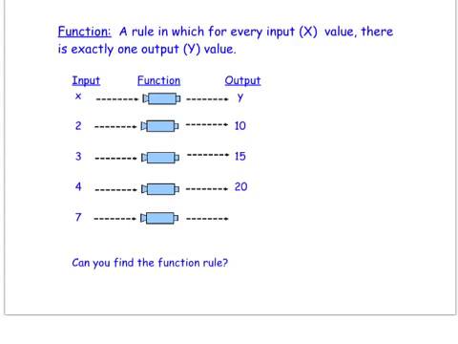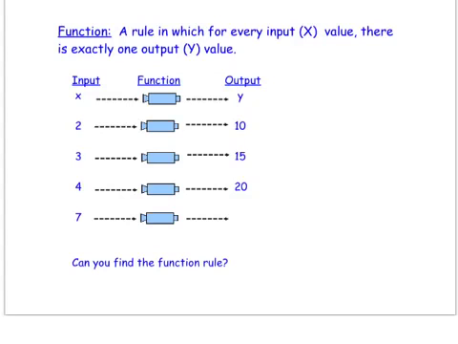So what that basically means is for every x, your input, when it goes through this function machine, only one y is going to come out. You start with one x and you get one y. Let's look at this.